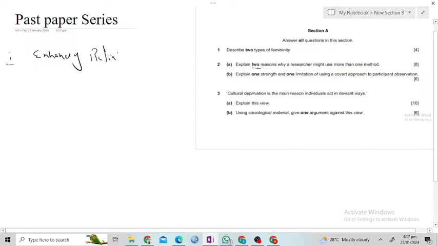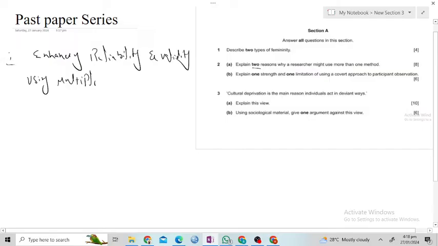enhancing reliability and validity. Using multiple methods. Now I will explain the heading.